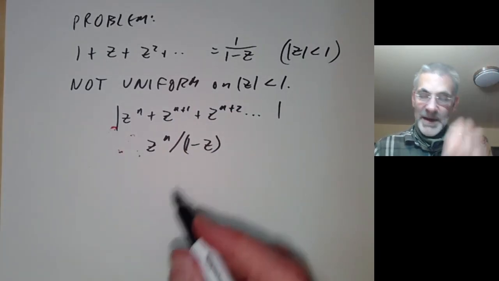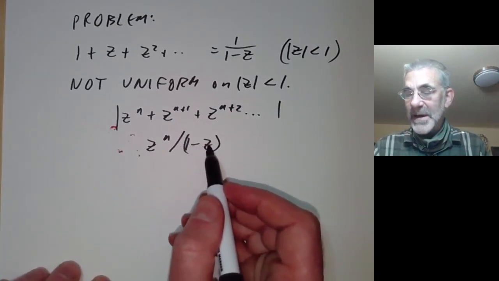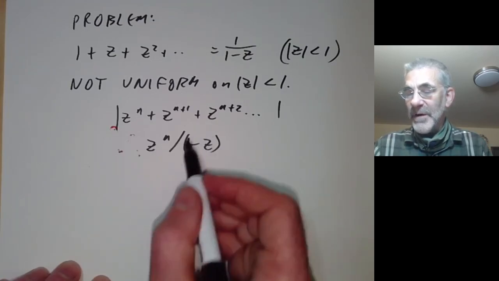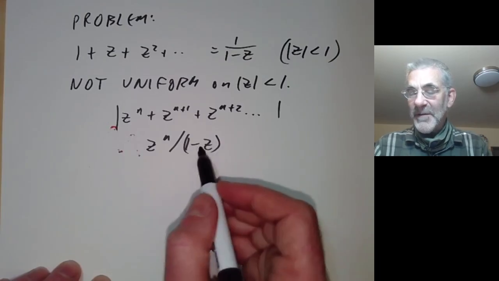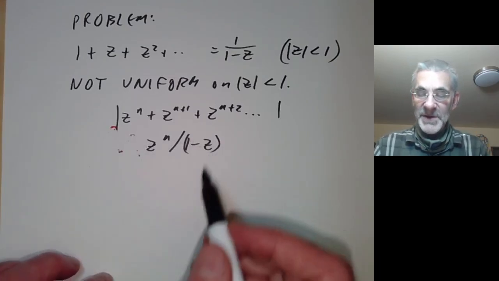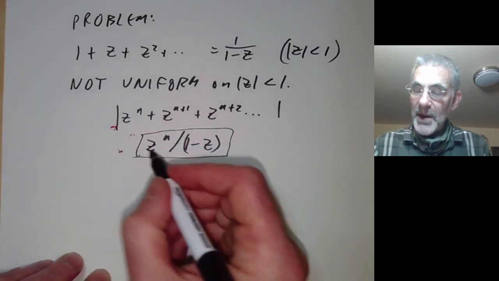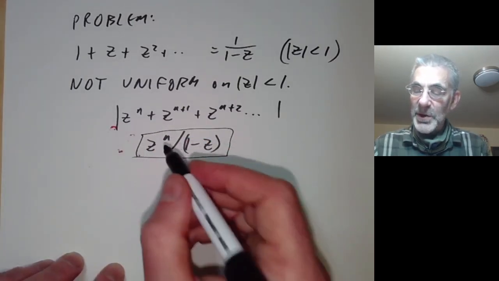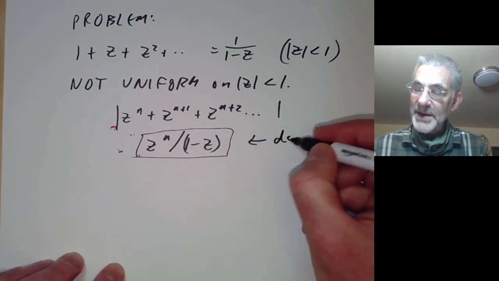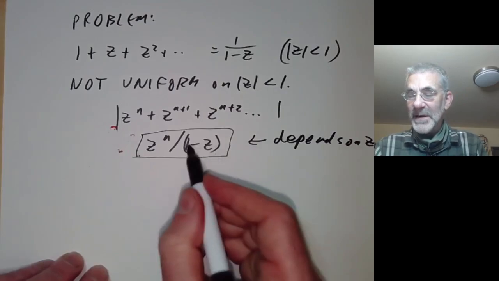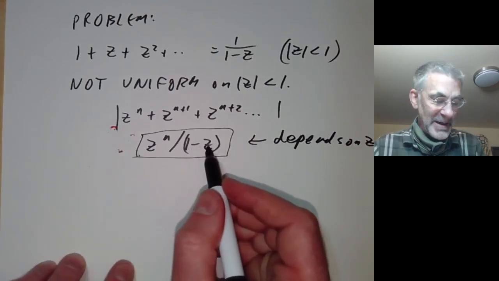And the trouble is, as z gets closer and closer to 1, this 1 over 1 minus z gets very, very big and rather messes up our estimates for uniform convergence. So we really want an upper bound for this error not to depend on z. And this depends on z, and worse, it depends on z in a way that gets very bad as z gets close to 1.